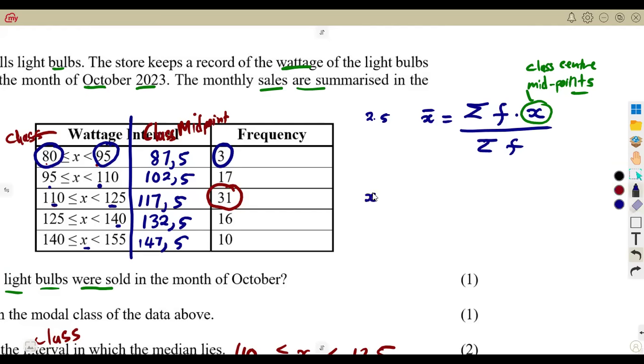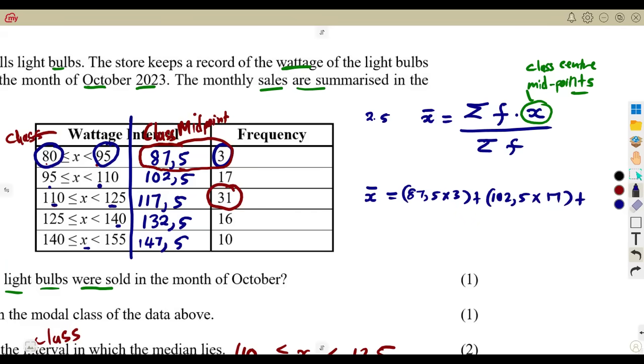So meaning in terms of the mean that we are going to have, you multiply these, you add. You multiply these two, you add to this other product and so on. So it was going to be like this, 87,5 multiplied by 3 plus, you add the next one, 102,5, you multiply to 17.